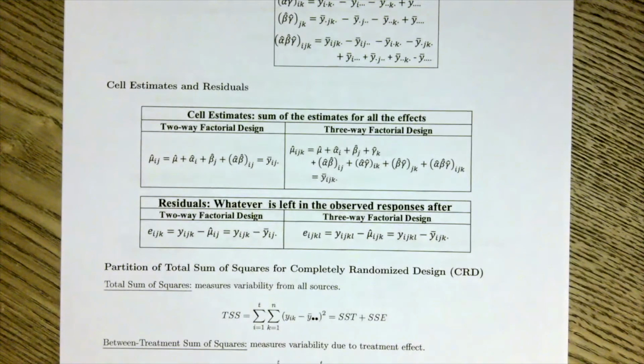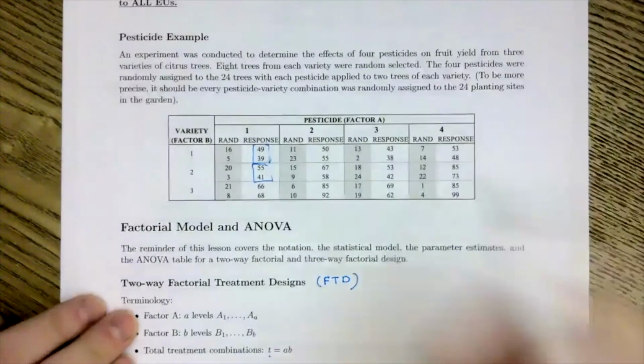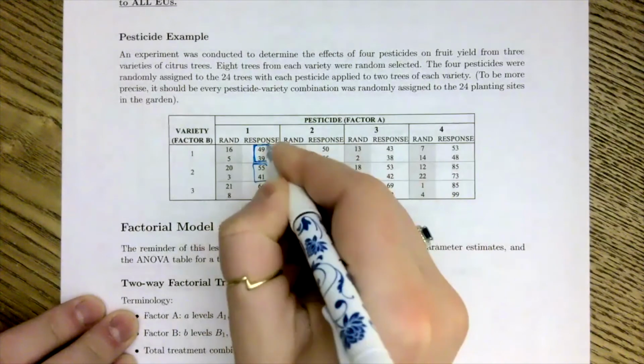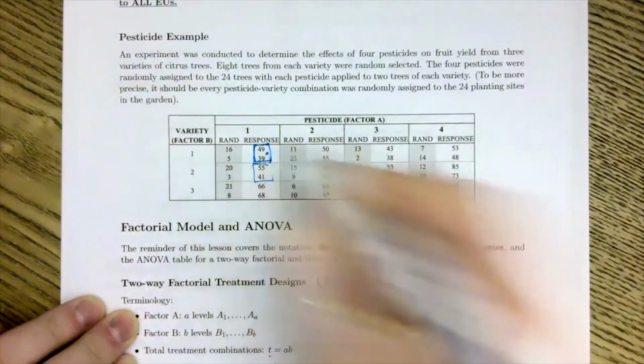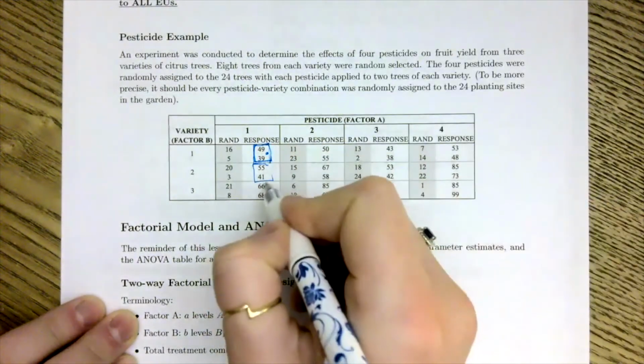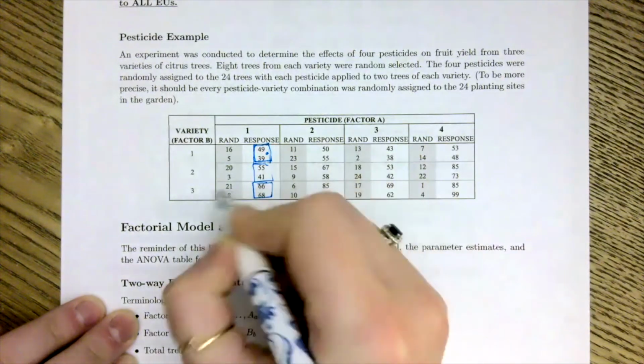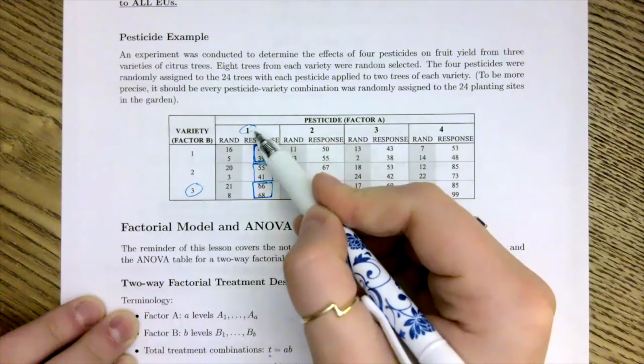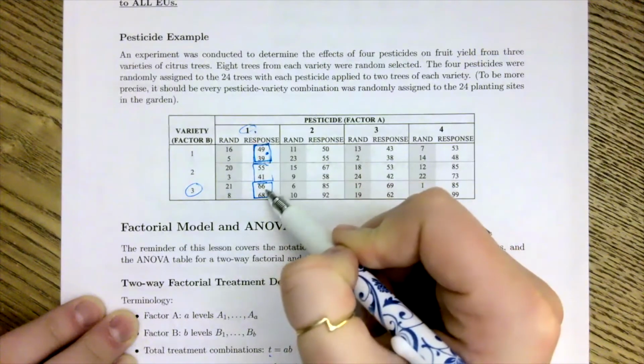The cell mean is the average of everything that receives the exact same treatment. If we go back to our pesticide example, here we said that this was our cell, and so our cell mean would be the average of these two. Here's another cell, and so our cell mean for variety 3, pesticide 1 would be 67.